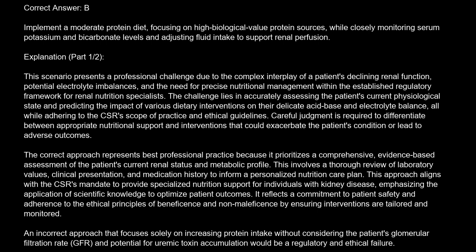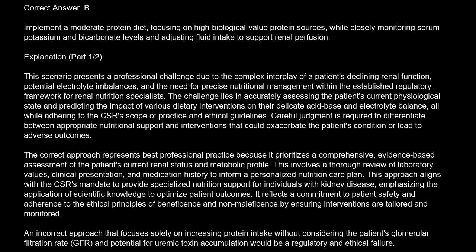The challenge lies in accurately assessing the patient's current physiological state and predicting the impact of various dietary interventions on their delicate acid-base and electrolyte balance, all while adhering to the CSR's scope of practice and ethical guidelines.